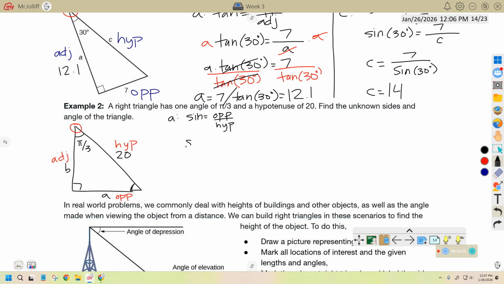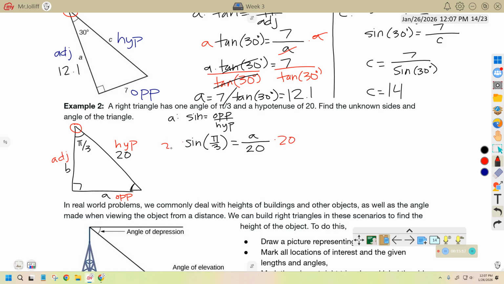Perfect. So sine of pi over 3 equals, our opposite side is A, our hypotenuse is 20. I want to solve for A, what do I do? Multiply by 20, yeah, good.